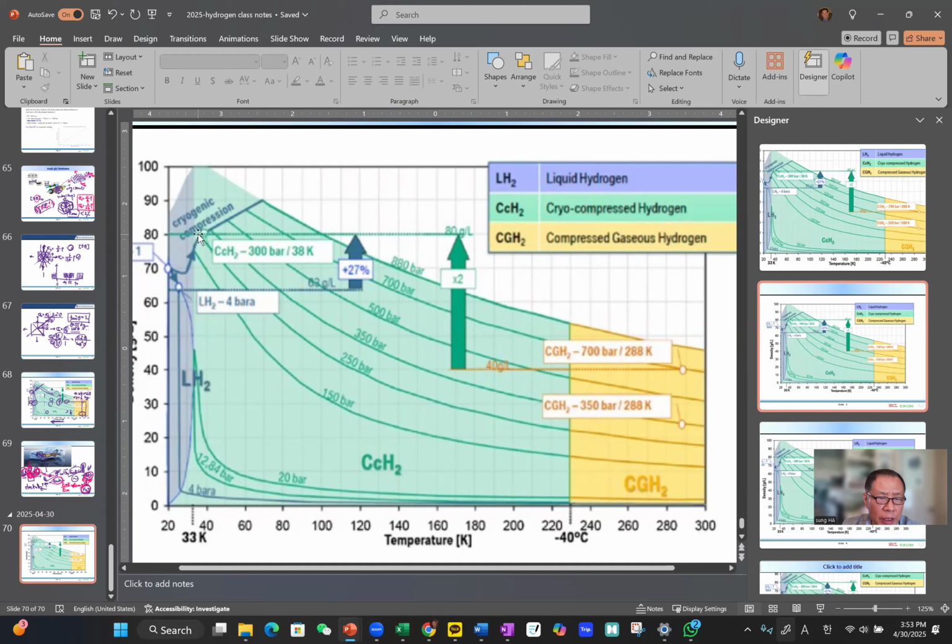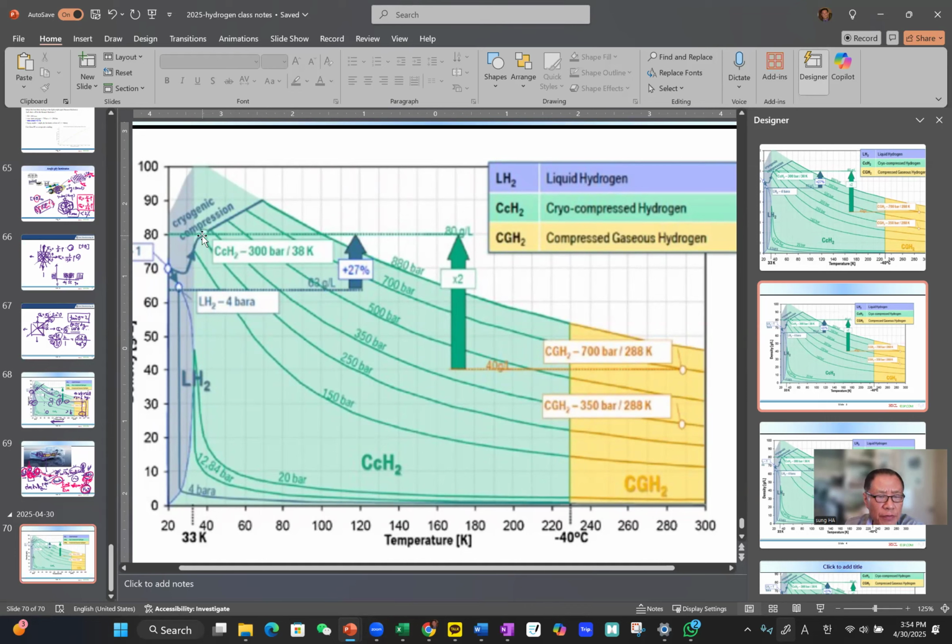So this is CCH2. As you can see here, the density can now be even higher than liquid. Liquid is 62. Now the density reaches 80 grams per liter. And as you can see, we can further increase the pressure.